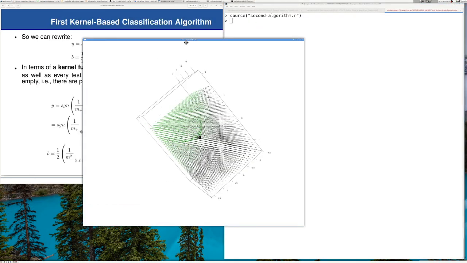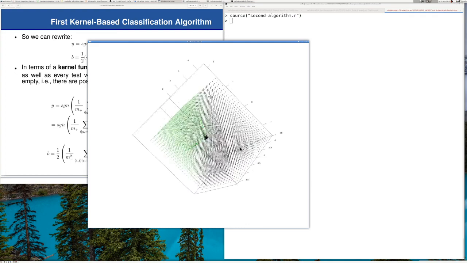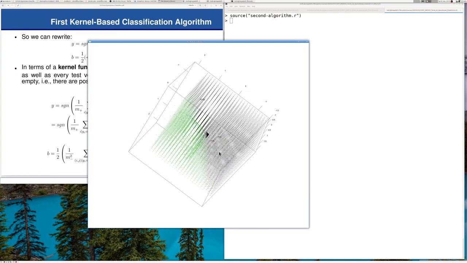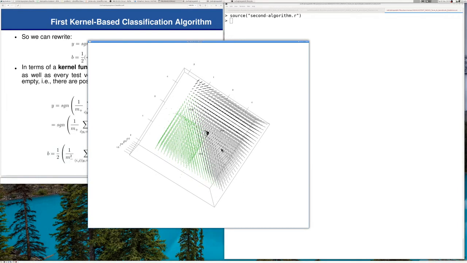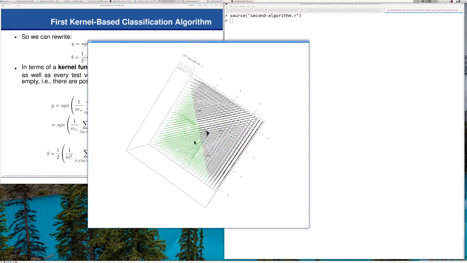It's going to take some time. Wow, so interesting. It's a little hard to see, but the hyperplane. No, maybe this is easier. The hyperplane is cutting here. You guys can see that the positives are on one side, the negatives are on the other side.